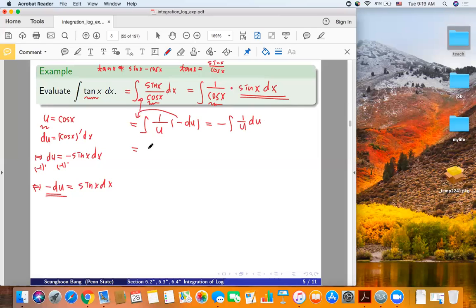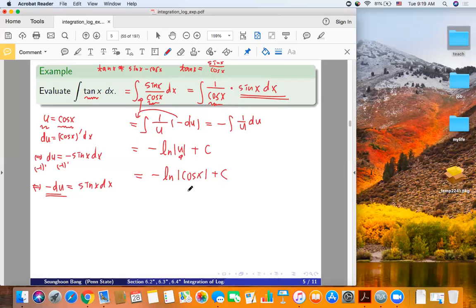So we have minus ln of absolute value of u plus c. This is not the final. Here, you can plug back cosine x into u: negative ln of absolute value of cosine of x plus c. That's good? This is the idea.